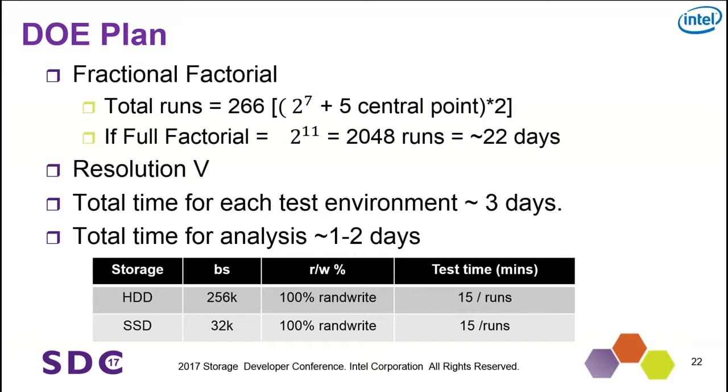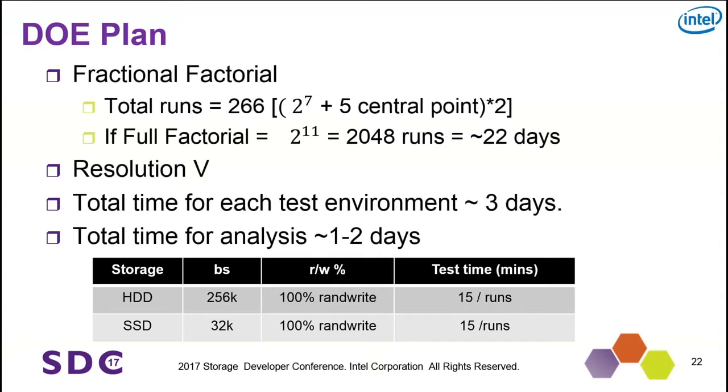That is the workload I use for each different type of cluster. I only use one workload to run all the 266. In the 266 runs, those 11 variables change their values and run the test. The block size for the HDD is 256K, and for the SSD is 32K.